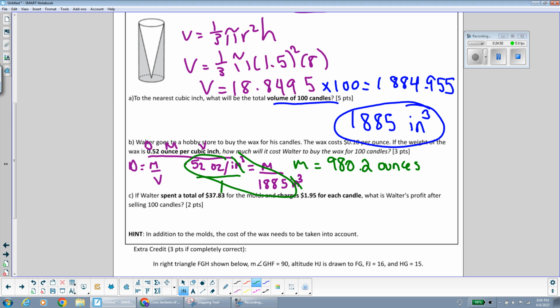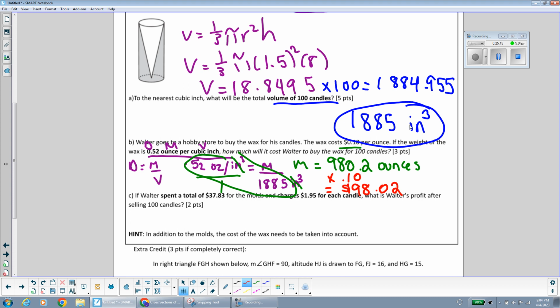Now it says the wax costs 10 cents per ounce. So to find the cost of the wax, I'm going to multiply by 10 cents. And that gives me that it would cost $98.02 to buy the wax for the 100 candles.